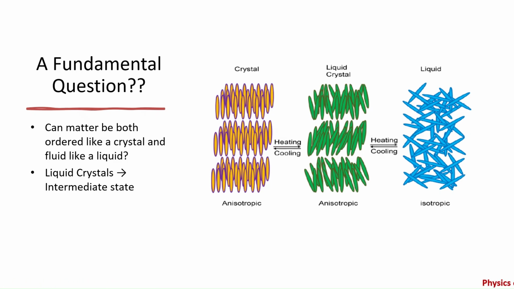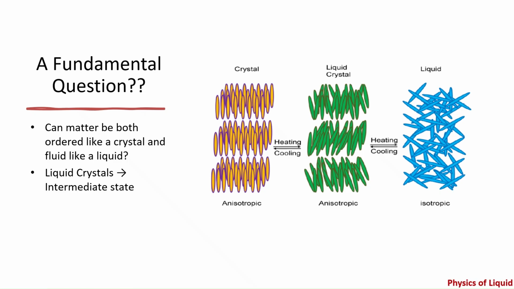Because of this, they possess both the properties of solids and the properties of liquids, and this gives them amazing optical and electrical properties. The property of viscosity which liquid has is also possessed by liquid crystals, and at the same time the elastic constant, which is not in liquid but is possessed by crystal, is also present in liquid crystals.